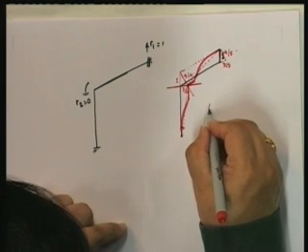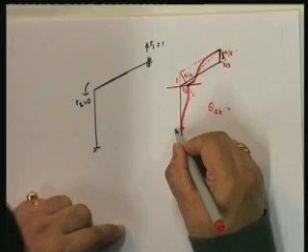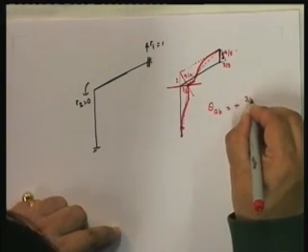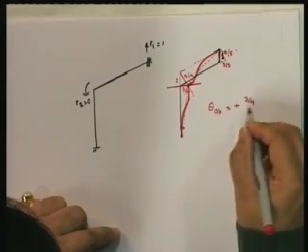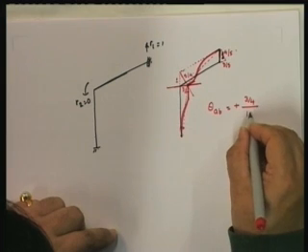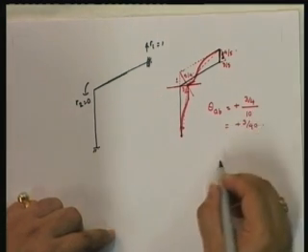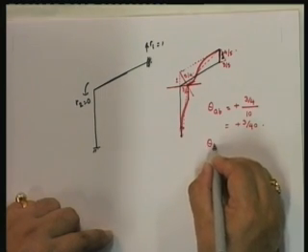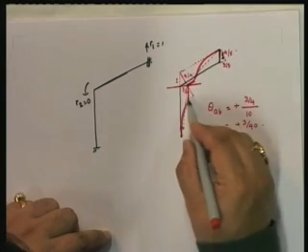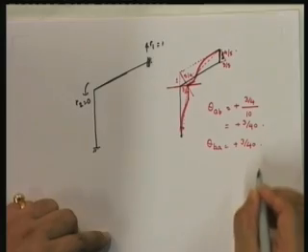You will see that theta AB, from the chord to the tangent anti-clockwise, is going to be plus 3 by 4, which is the displacement, divided by 10. So theta AB is going to be 3 by 40. What about theta BA? Same thing, 3 by 40, positive from the chord to the tangent.